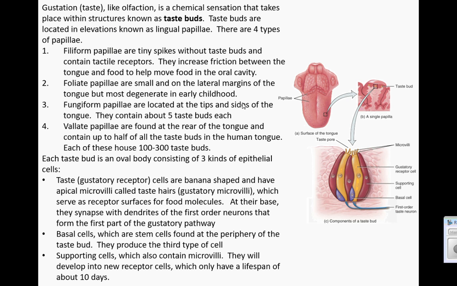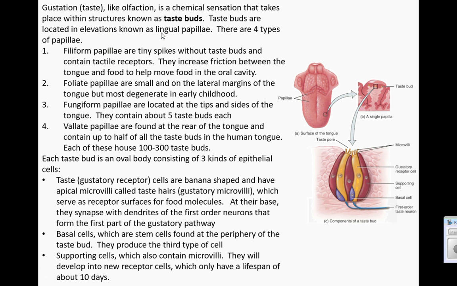There are 4 different types of lingual papillae. Filiform, which really aren't important to us for the sense of taste, because they have no taste buds. They do have tactile receptors, so they do provide us with the sense of touch of our food. They also increase friction between the tongue and food to help it move in the oral cavity.